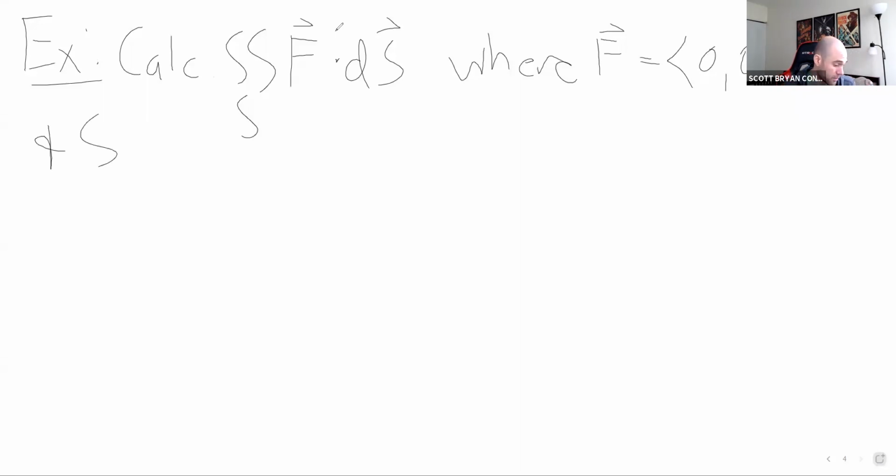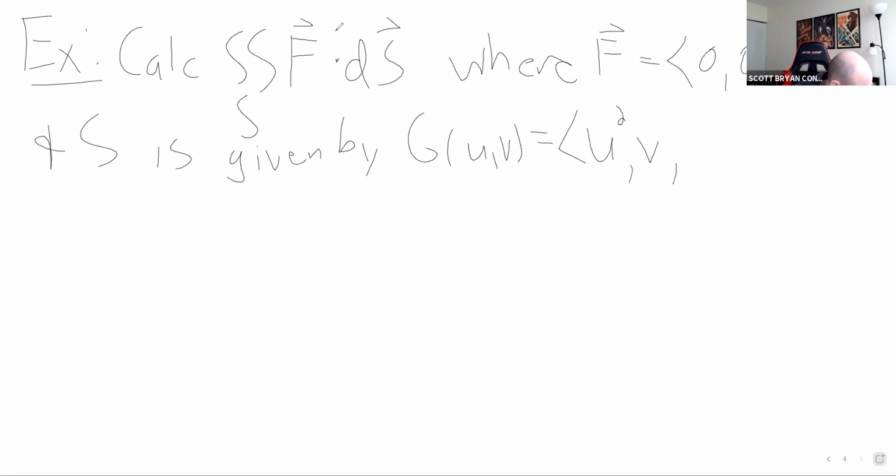And here we're just going to parameterize S. So S is given by g of uv is u squared, v, u cubed minus v squared. Here, u and v are both going to lie between 0 and 1.